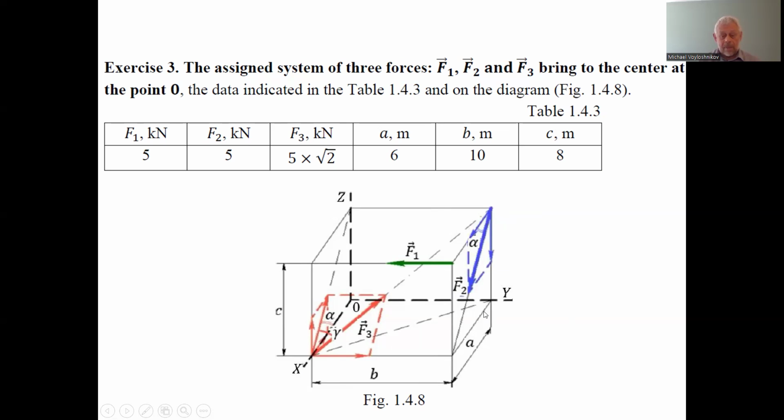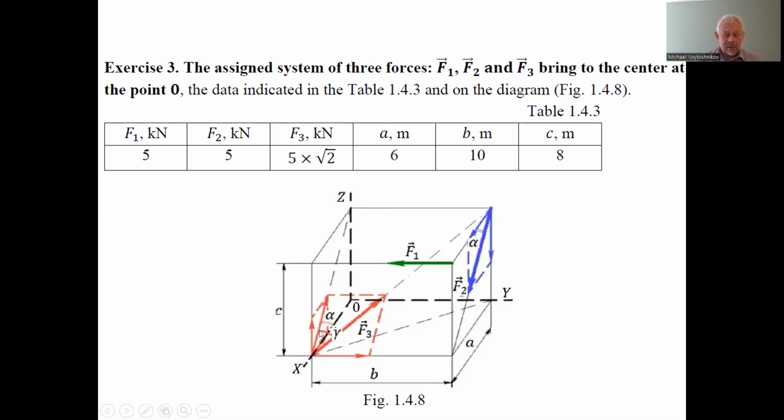So we use the cosine alpha: we multiply F2 by cosine alpha. Next, we use a double decomposition of the force F3. First, we decompose it onto the left side rectangle with the projections. And next, we decompose the projection of force F3 onto a line parallel to the z-axis and onto a line parallel to the x-axis.